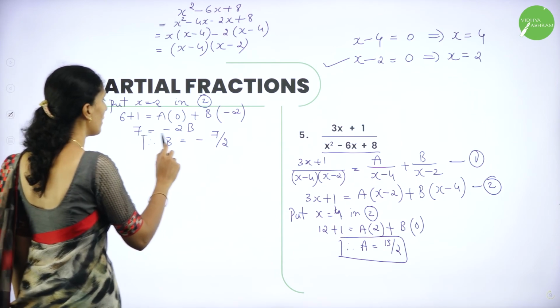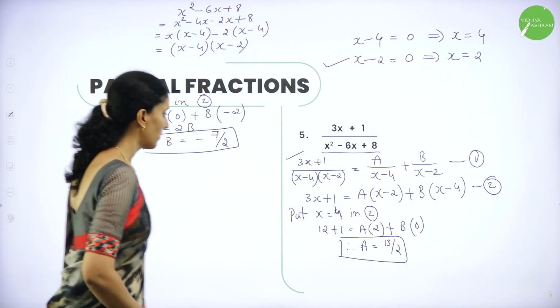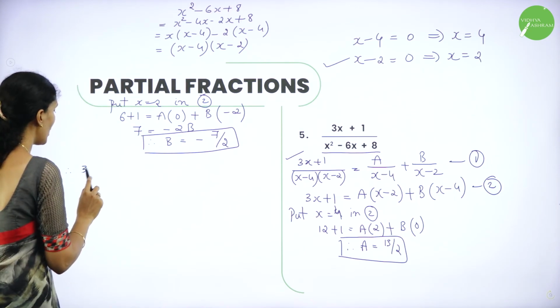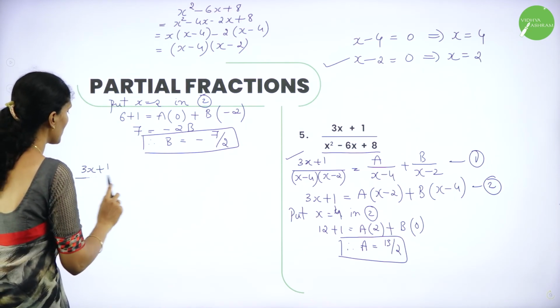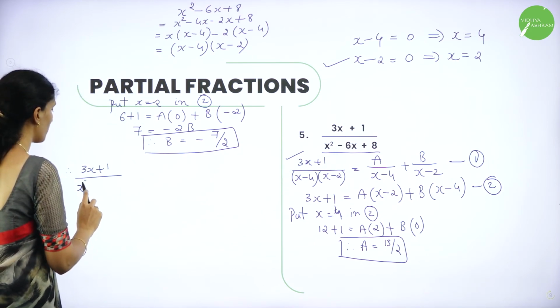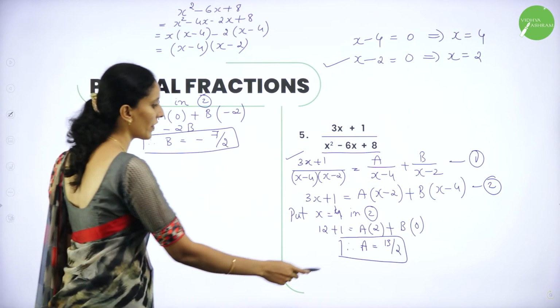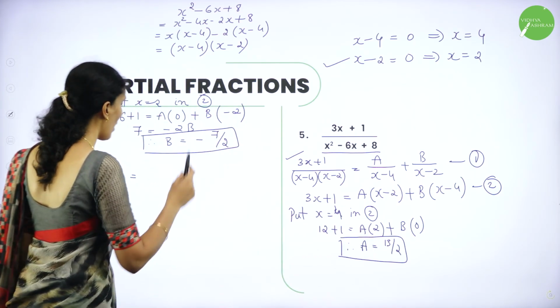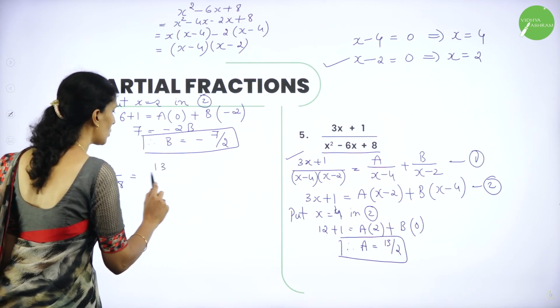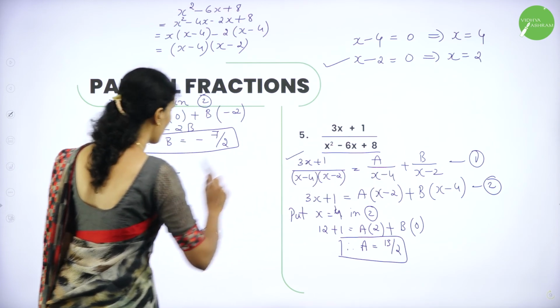So substitute the value of a and b in equation 1. So therefore the rational fraction 3x plus 1 by x square minus 6x plus 8 can be written as, the value of a is 13 by 2, so I'll write directly 2 in the denominator, so 2 into x minus 4.